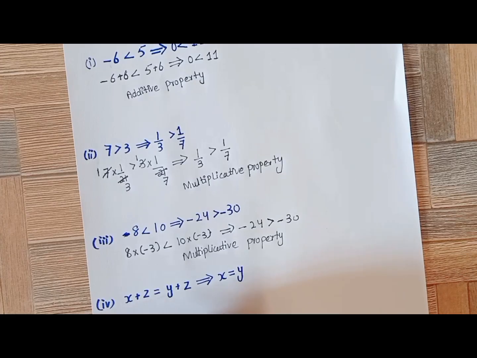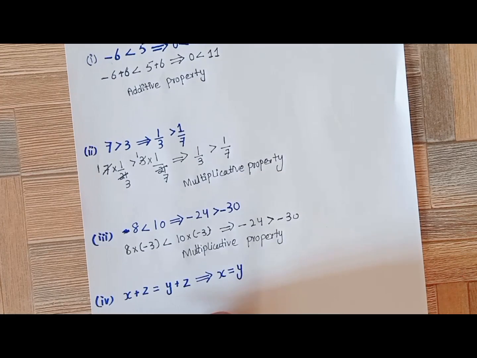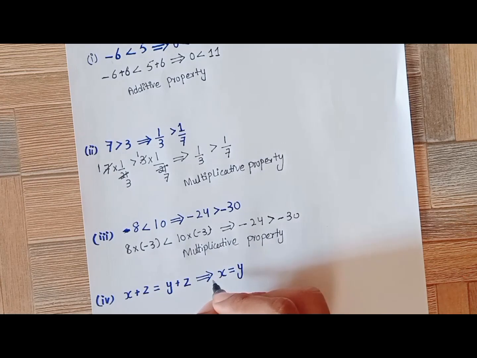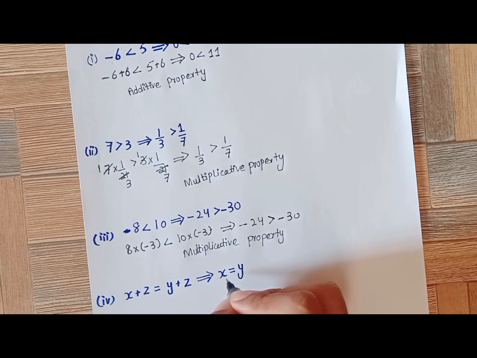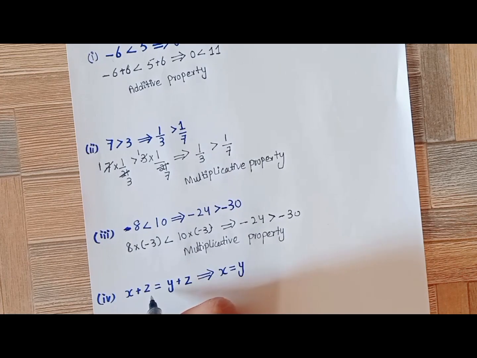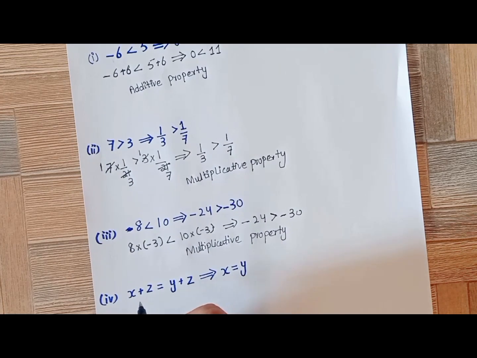Here question number 4 is: x plus z is equal to y plus z, so x is equal to y. I need to prove the steps and bring the result x is equal to y. How will I do it? By cancelling the number.